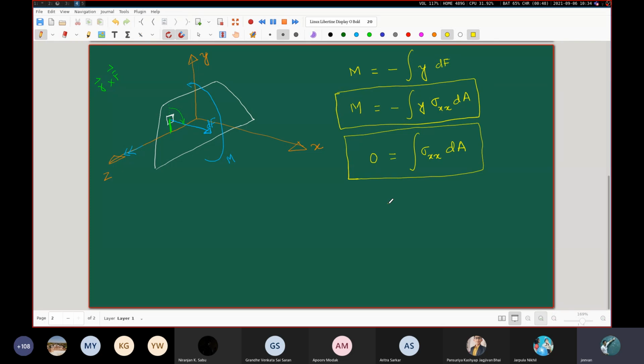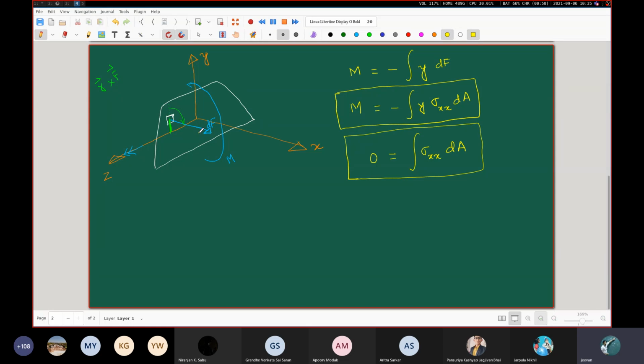Now, it is extremely important to understand one thing. This equation being equal to 0 is true only under this kind of an integration. What I mean to say is that over individual little elements that you may consider, it is absolutely not necessary that those individual forces will be 0.